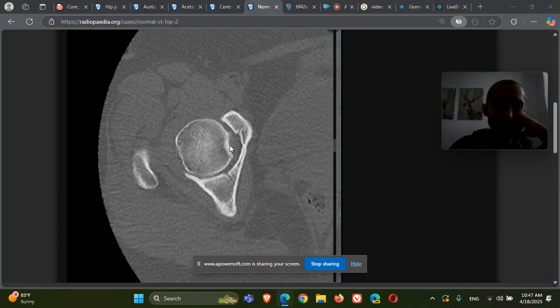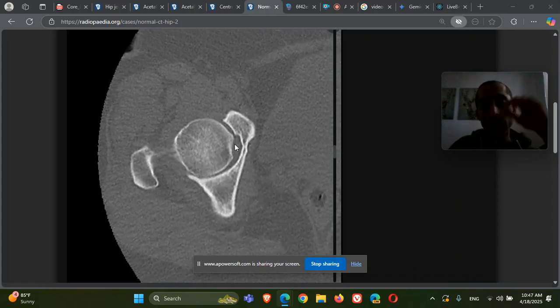What you see right over here is the fovea capitis. This is the area in which the ligamentum teres penetrates the femoral head. Remember that the femoral head is covered by cartilage, but in the area where the ligamentum teres penetrates the femoral head, there is no cartilage.